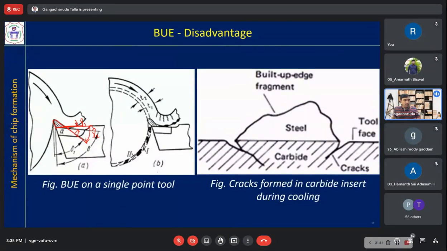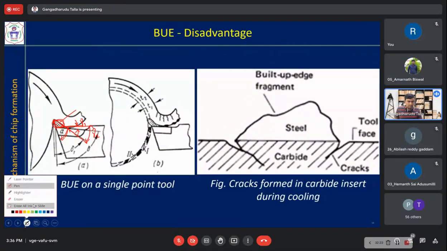Rake angle is increasing, what is happening? The tool is becoming effectively thin for some time at least, till this built-up edge is removed. The force is the same, but the tool is now effectively thin. So breakage of the tool may take place. Chances are high.